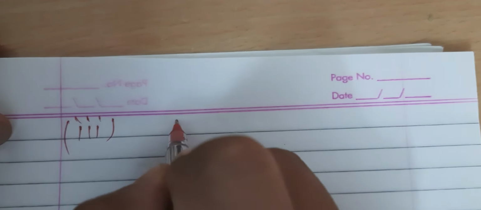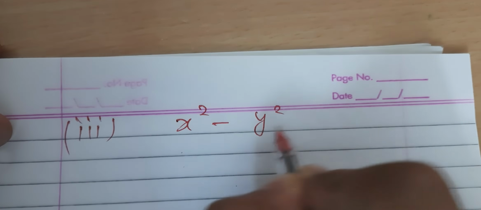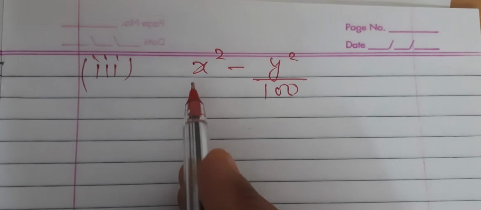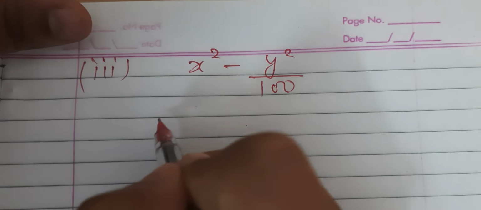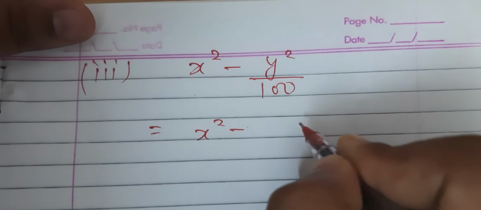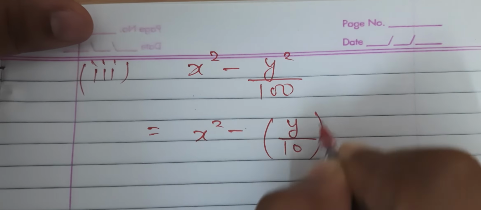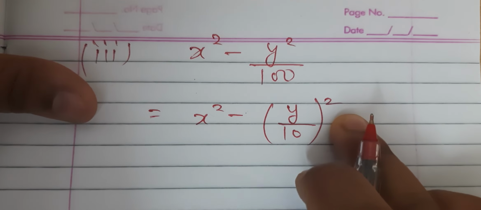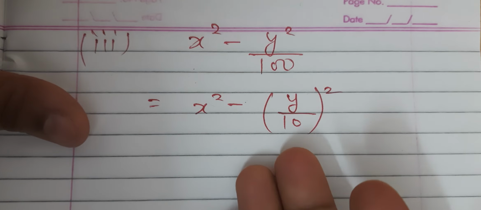That is the same question number 3, third part. x square minus y square by 100. The first term is also in whole square form, and this 100 can be written as 10 square. So we'll write y by 10 the whole square. Now this is very simple.